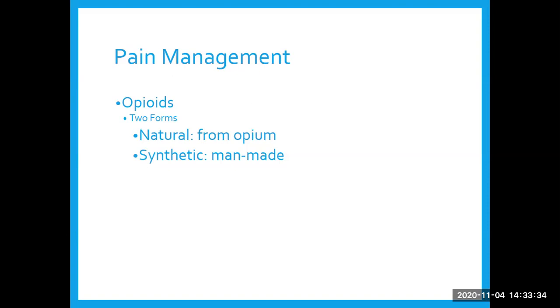Table 11-2 shows you equianalgesic adult dosages of common opioid agonists and also opioid agonist-antagonists.